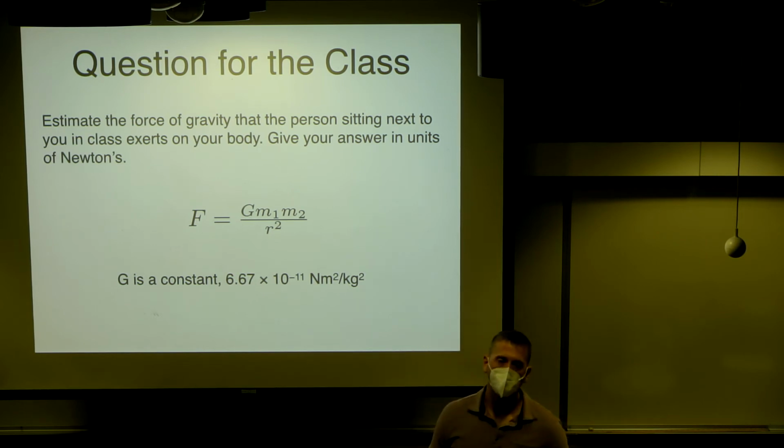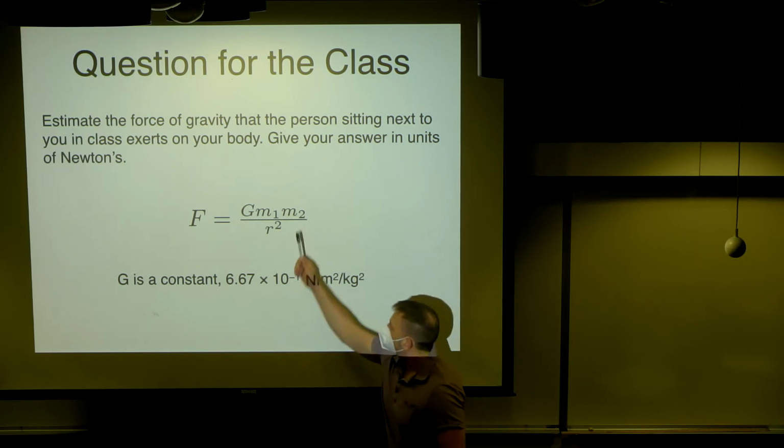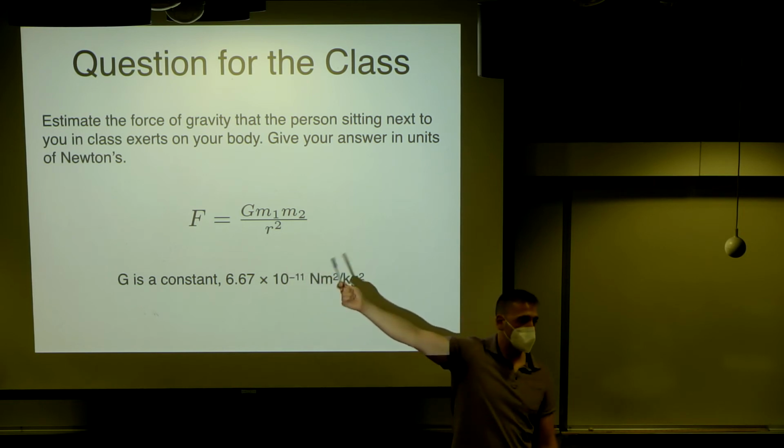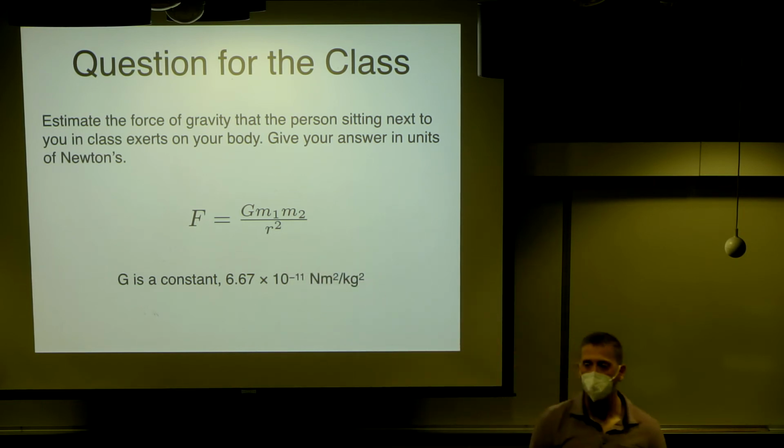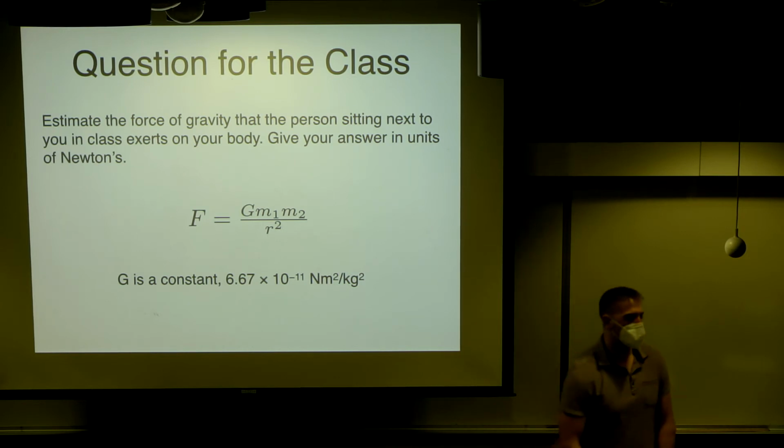It's the distance apart. So try to look around the room, look at the closest person next to you, try to just eyeball how far apart you are. Doesn't have to be too accurate. Try to estimate your masses, and then you'll get a force out of this equation. What you're going to see is the force is tiny. Tiny, tiny force. So try it out, see what you get.